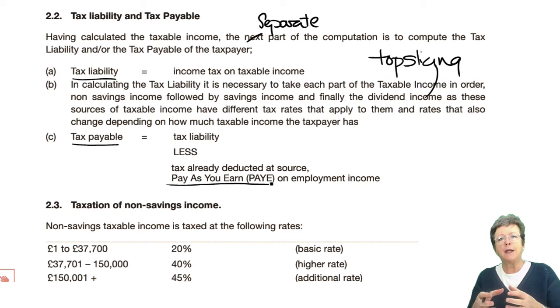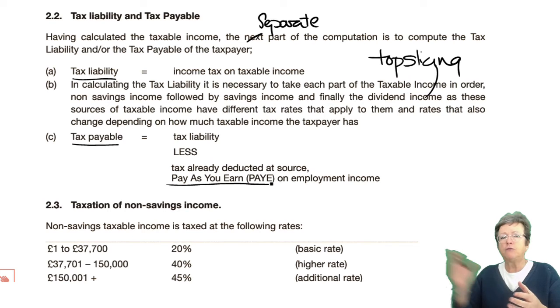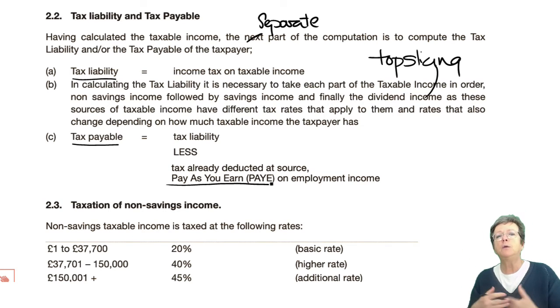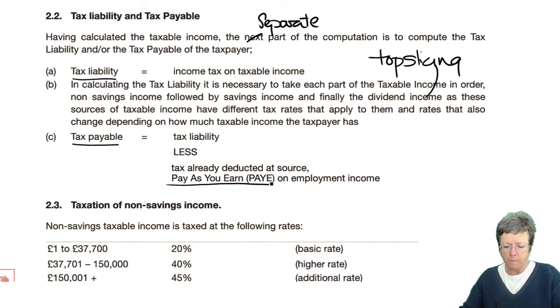The people you work for work out the tax each month, pay that over to the revenue on your behalf, and you only get the balance. That is tax deducted at the source of where the income comes from. So you actually sometimes pay less than the liability because you've already paid tax once before.